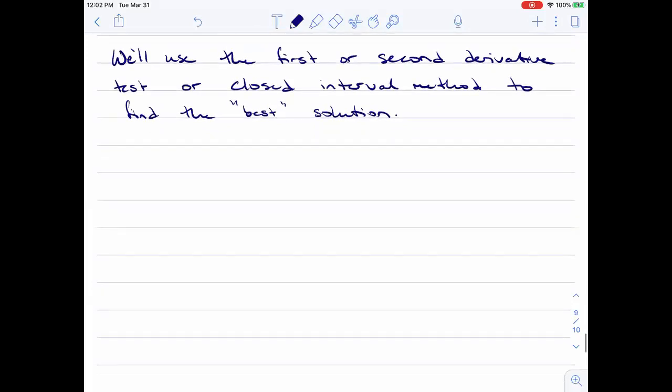Like I said, typically our problems involve more than one variable, but what we'll have to do is rewrite it in terms of just one variable.